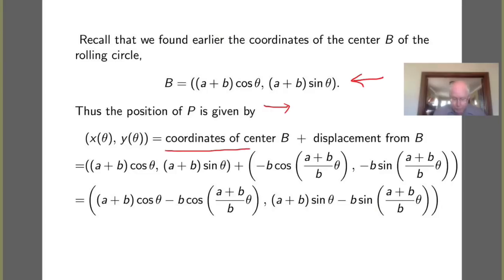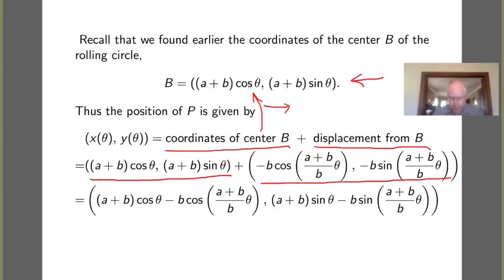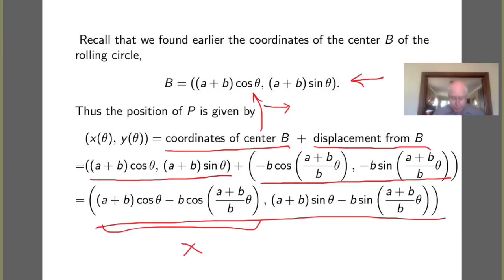We have the coordinates of the center B, given right above here, and we have the displacement of P from B. So we just add the coordinates of the center and the horizontal and vertical displacements, and they come together into one system like this. Here is our x coordinate for point P, and here is our y coordinate.